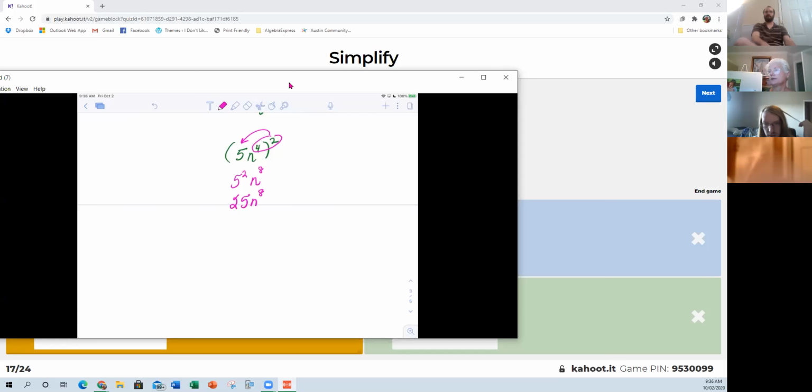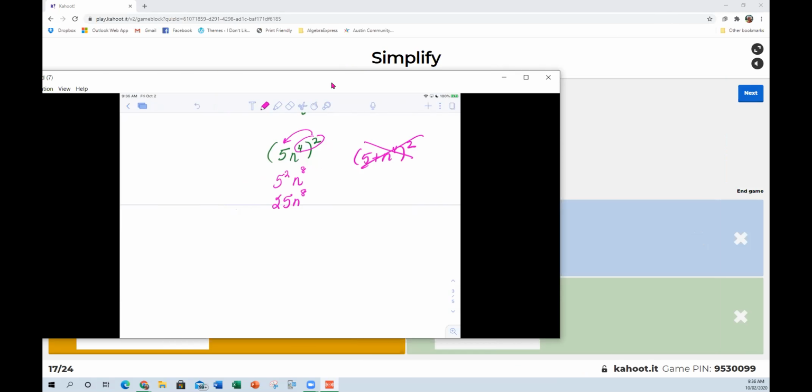So you have to apply that power to every single part that's inside the parentheses. The caveat to this, and we'll talk about this on Monday, is if you had something like 5 plus n to the 4th squared, you would not do this. Okay, this only applies to a power on top of a product, not a power on top of a sum or difference.